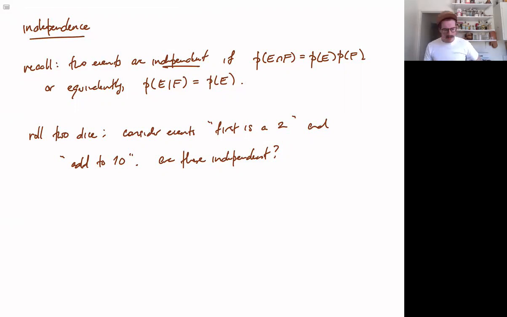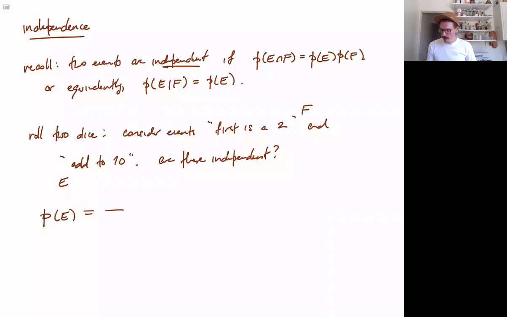And I think for this one, it might be easier to check this definition. So let's call this E and this F. So the probability of E is the probability that the sum of the dice is equal to 10.